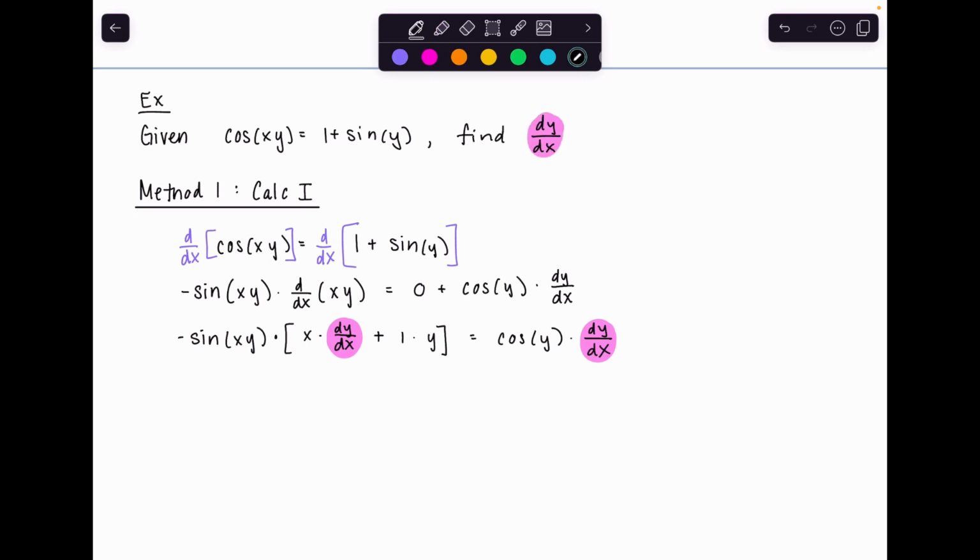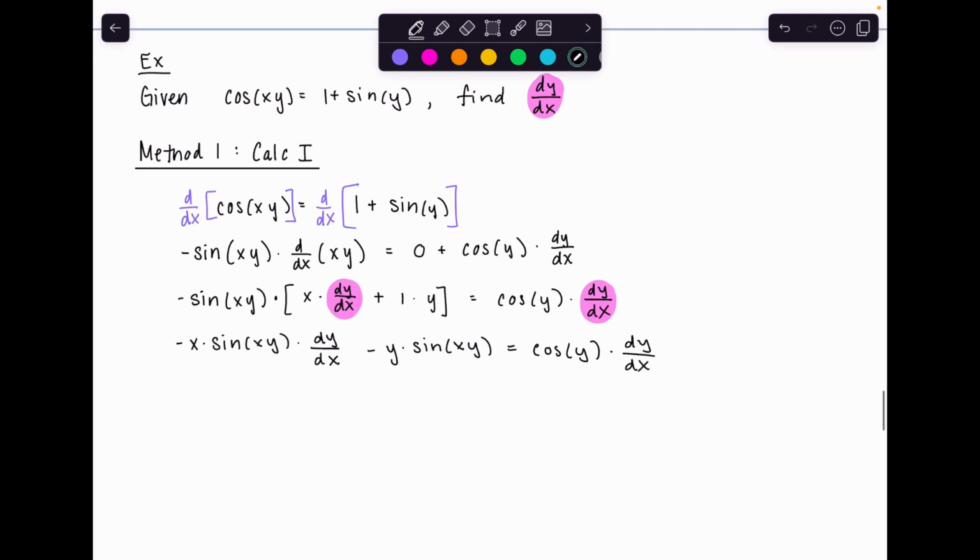So I've got to distribute this negative sine of xy. I'll put the x out front. This is x sine of xy times dy/dx, and then that becomes minus y times sine of xy. And this equals cosine of y dy/dx.